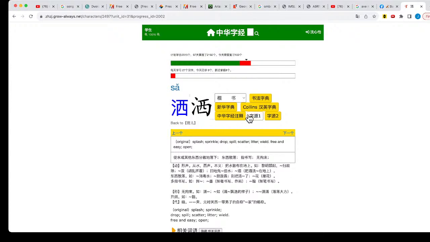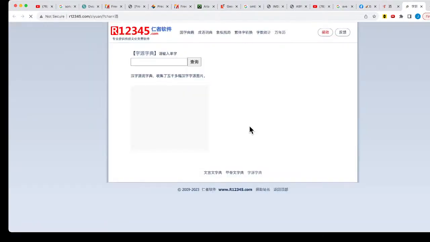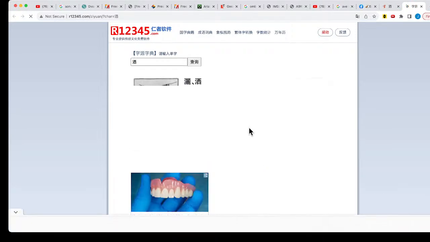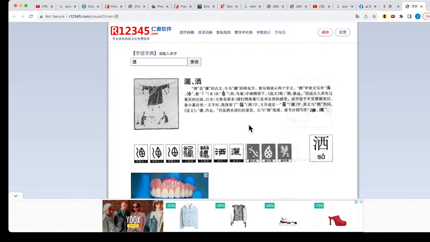Okay, and let's take a look at this character. The original character has water on the side, and on the right hand side is a character called 巢, which means bird's nest.